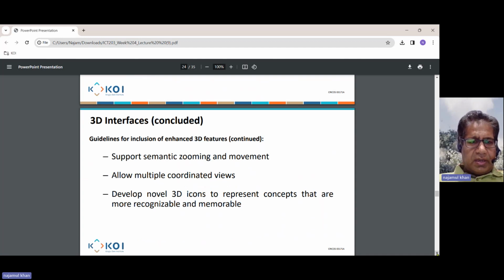So we're talking about some of the guidelines for inclusion of enhanced 3D features. We're talking about supporting semantic zooming and movement, and how to allow multiple coordinated views. We're talking about how to develop novel 3D icons to represent concepts that are more recognizable and more memorable.